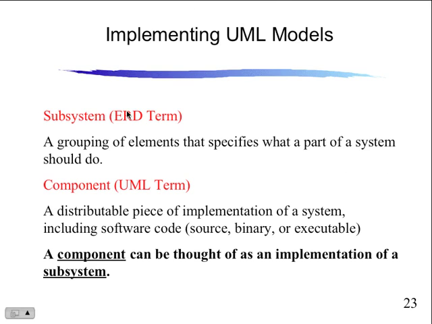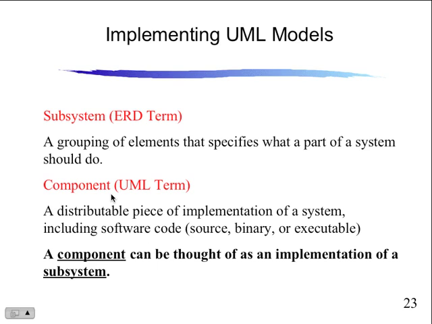A subsystem is the grouping of elements that specifies what part of a system should do in terms of each of the different elements. And a component is the distributed place of implementation of the system, including software code, binary executable code, any piece of the software.